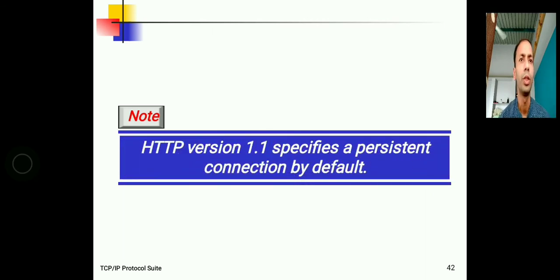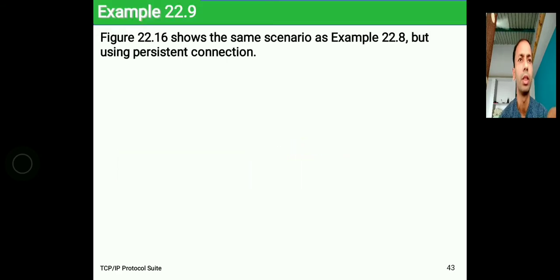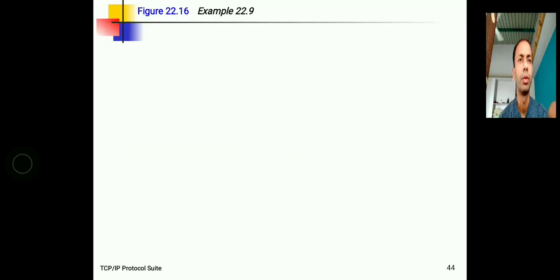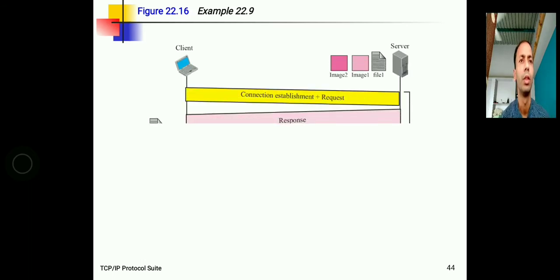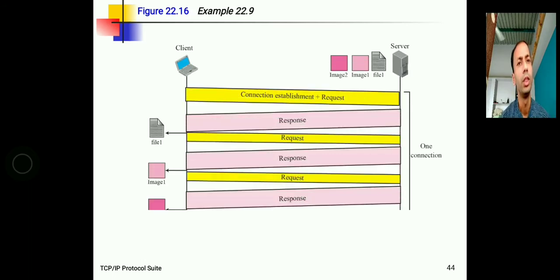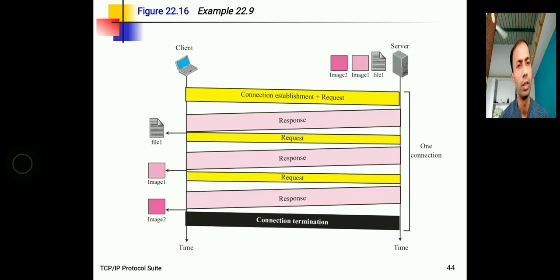Now let us see the next part of this. As I told you, HTTP version 1.1 specifies persistent connection by default. Now let us see the meaning of the persistent connection with an example. This is the same scenario as our previous example. Here also we are trying to retrieve File 1, which is a web page name.